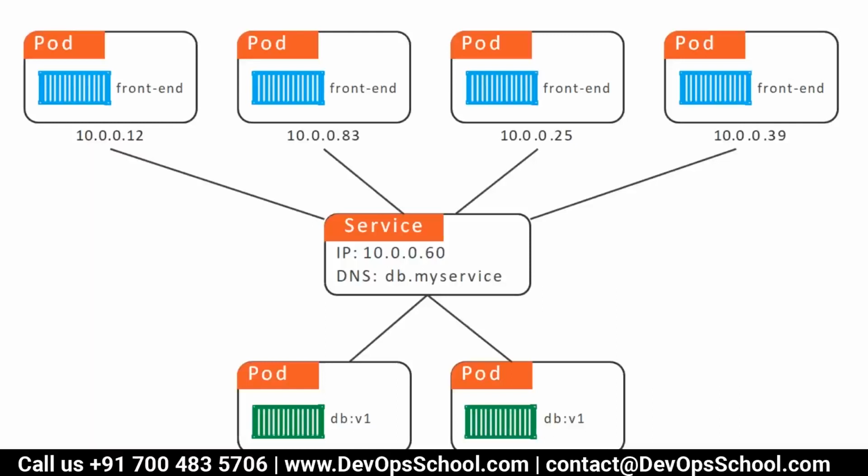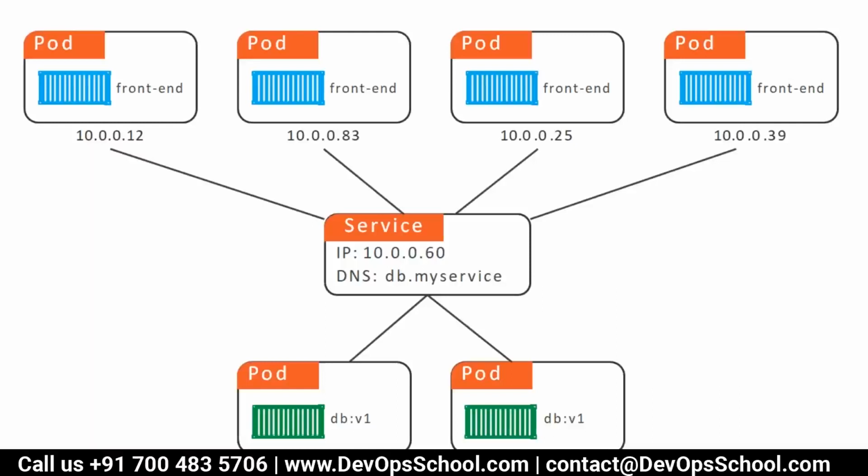The moment you create a service, you get an IP address and DNS, which never get changed. And now the problem can be solved. So if you see here, all the front end will talk to the service. The service will redirect the communication to the pod.